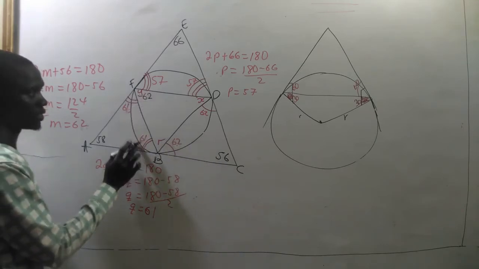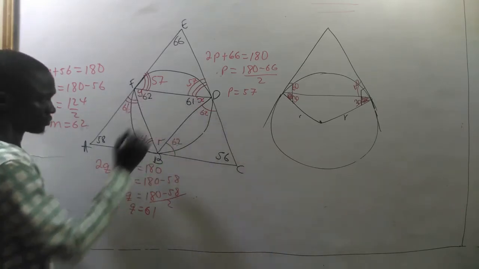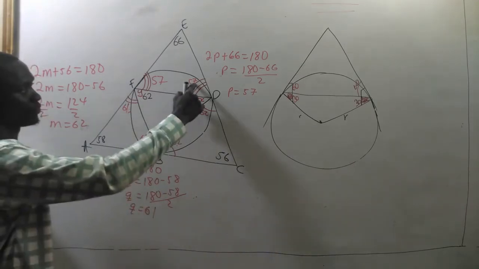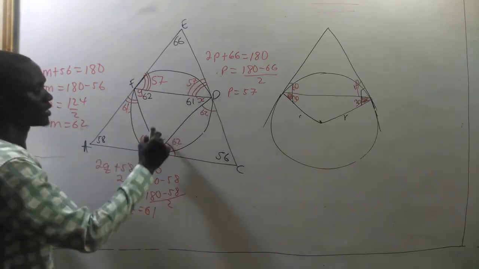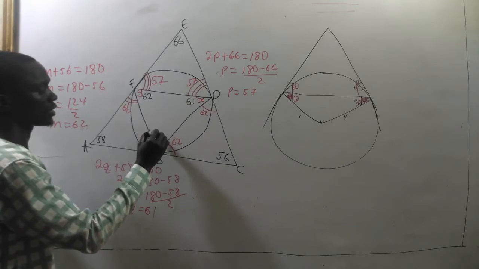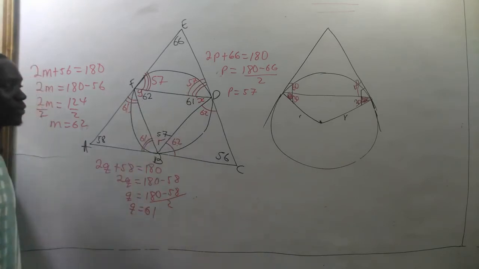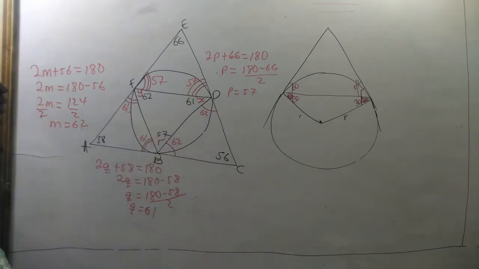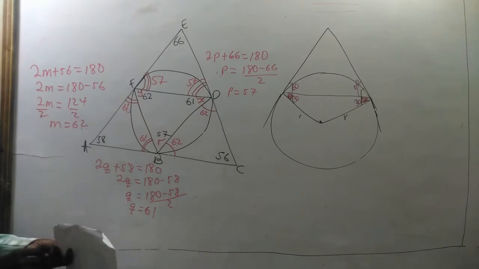If you come here, the angle 61 is equal to the angle X here. And if you come here, the angle 57 is equal to the angle R here. And we are done. So Y is equal to 62, X equal to 61, and R equal to 57.